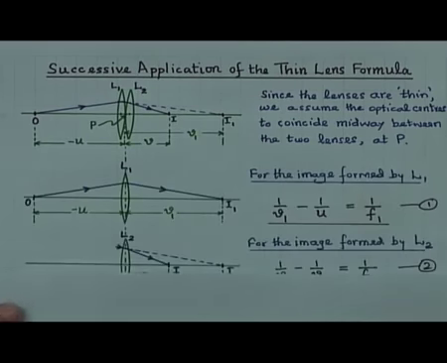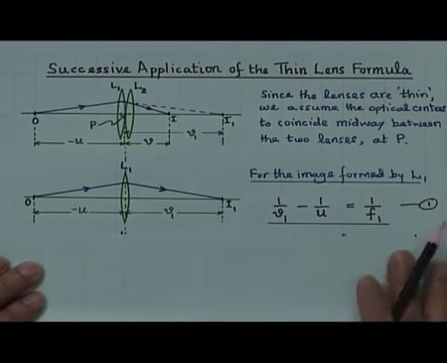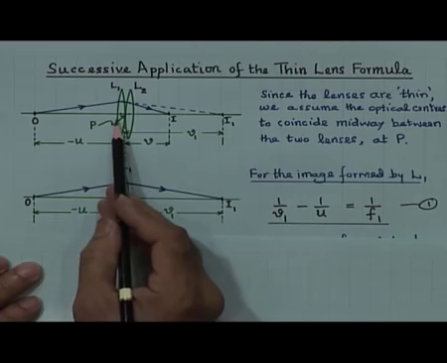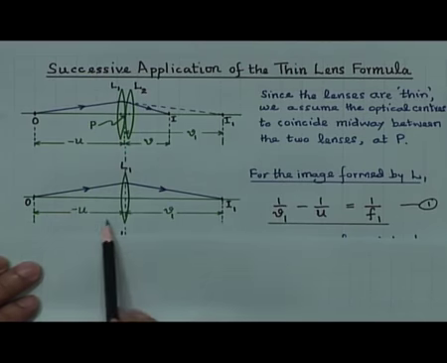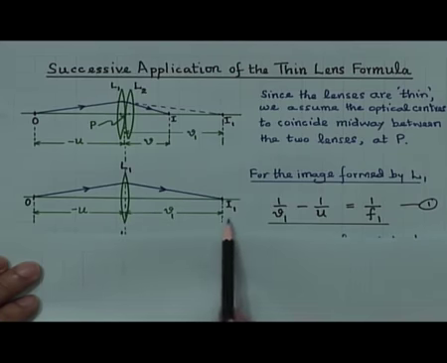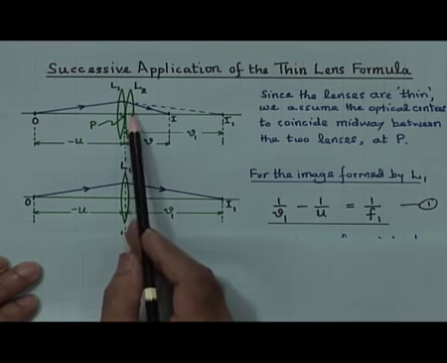Now first, the image formed by L1. We first consider the image formed by the first lens. The object is here at minus u, and the image is formed here in the absence of the second lens.